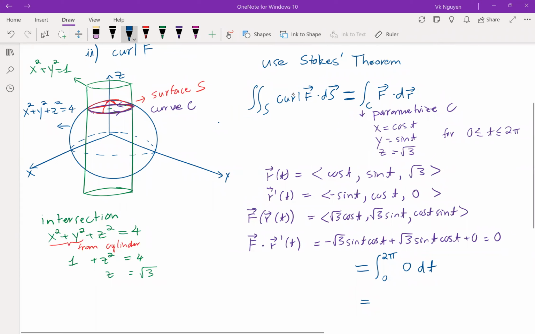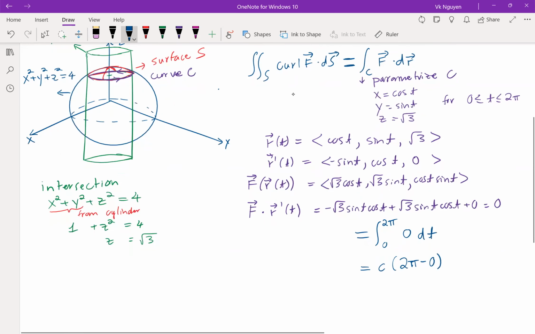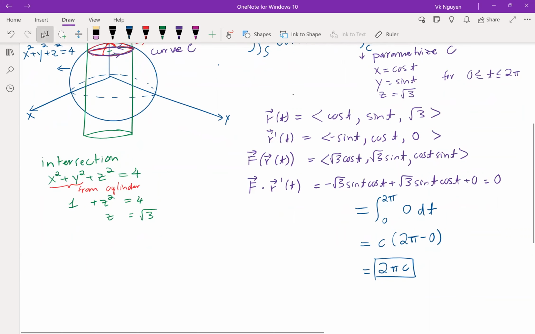It's going to be c, because we don't know what that is. So c times 2 pi minus 0, so it's going to be 2 pi c. It will depend on that number c, however you pick it. If you choose c to be 0, then it's going to be 0.